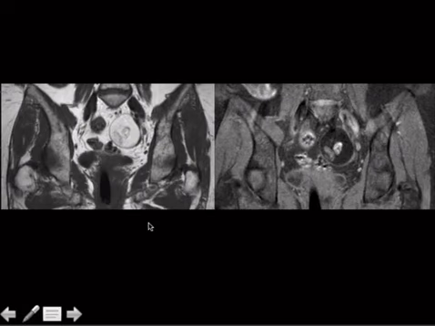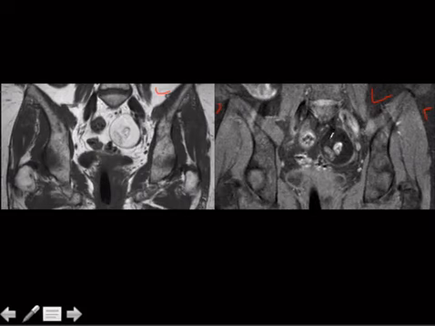So we're going to assume that that is a T1. And then over here, we've got a fat-saturated sequence. We know it's fat-saturated because we can see this stuff here that was bright is now dark. Same thing with this. This subcutaneous fat is now saturated out, so we've got a fat-saturated sequence. They usually do fat-sat for post-con, right? So it's probably a T1 post-con.